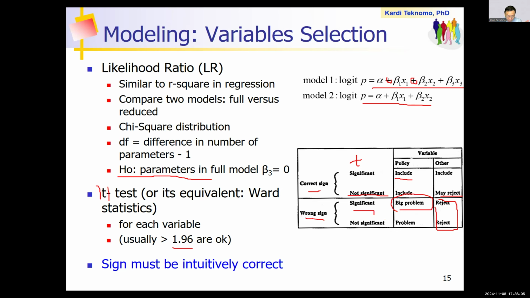Probably you should not use this Logit model. Maybe you should use another model. So again, Logit model is not the only model that you can use. So let me show you another model that you can also use.